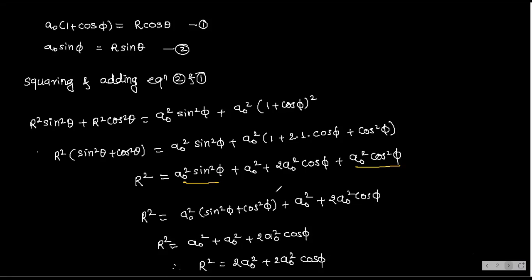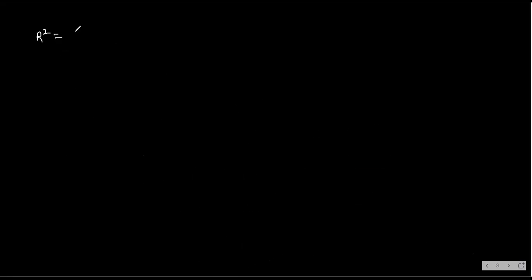Okay, now r square is equal to, if I am taking 2A0 square common, what is left? 1 plus cos of phi. Now here if I will use the half angle formula, particularly, cos of phi is equal to 2 cos square phi by 2 minus 1. Yes, that is what your cos phi.